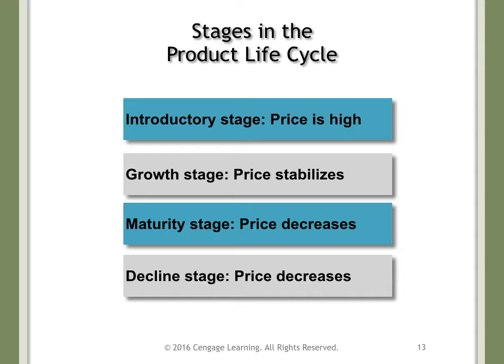And then in the maturity stage, prices come down even more as you have fewer and fewer competitors and you begin to compete on price. And in the decline stage, prices decrease even further as your product becomes, in the Boston matrix, a cash cow, and you just really are trying to maintain a demand so you can maintain the cash flow of the item.